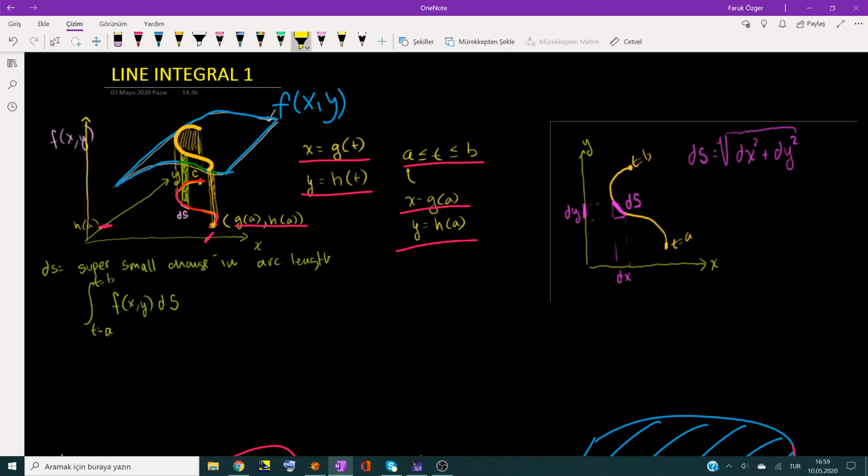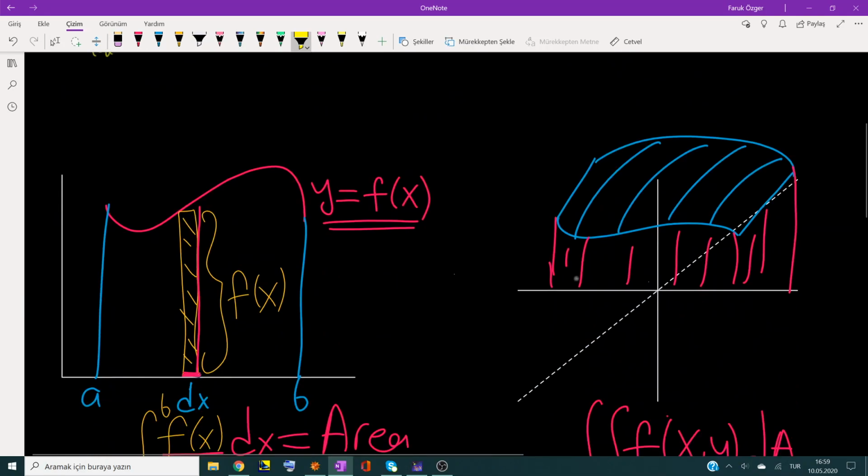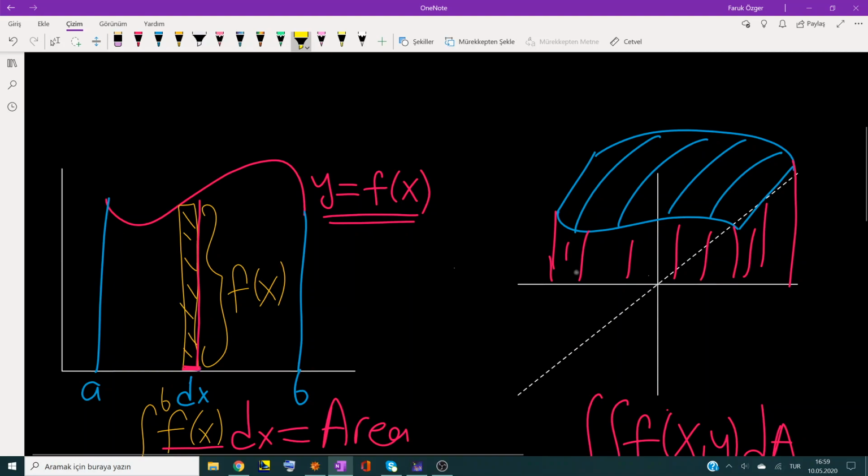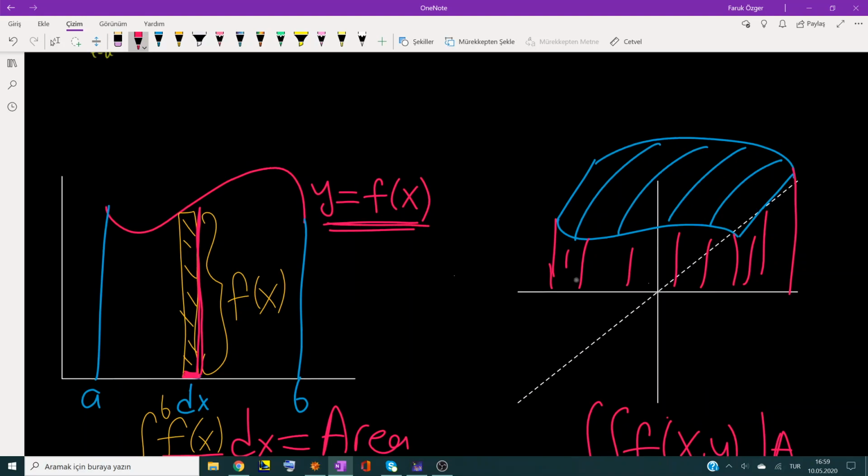Actually we have the analogous idea when we compute the area under a curve. What do we do there? We choose a length which is called dx and the corresponding f of x, and we multiply these to obtain the area of this rectangle, and we sum up all these areas to have the area under the curve f of x.